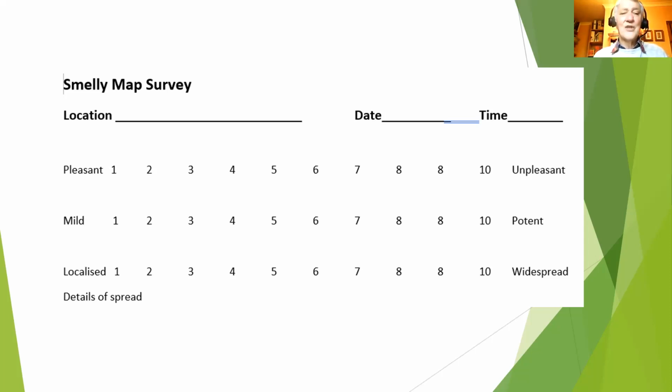Maybe it's the back door of a pizza cafe. And obviously by the back door, you'll have a very strong smell of baking dough. As you move up or down the street, the smell will get stronger or weaker. It'll partly depend on wind direction. It'll partly depend on what other smells are around in the area and so on.